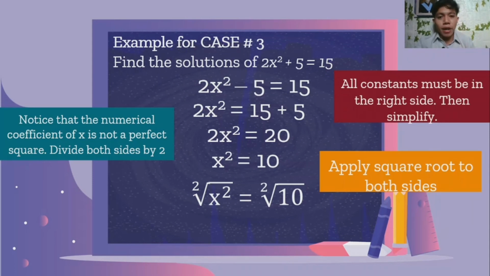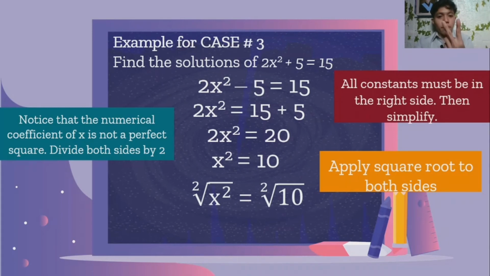May number ba na kapag pinag-multiply mo sa sarili niya, ang lalabas ay 10? Parang wala. 'Di ba? Meron ba siyang factors na may perfect square? Wala din. Kasi ano lang bang factors ng 10? 10 times 1. Meron ba dong perfect square? Yung 1. Pero wala rin namang mangyayari. Okay? 2 times 5.